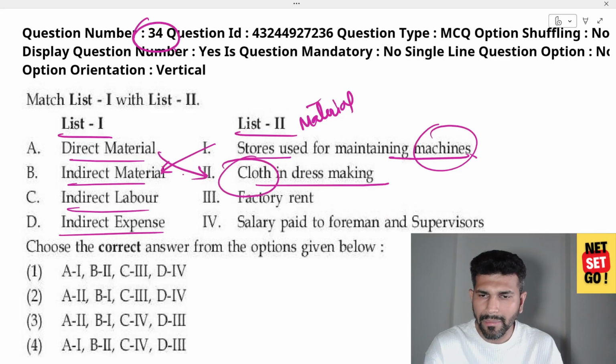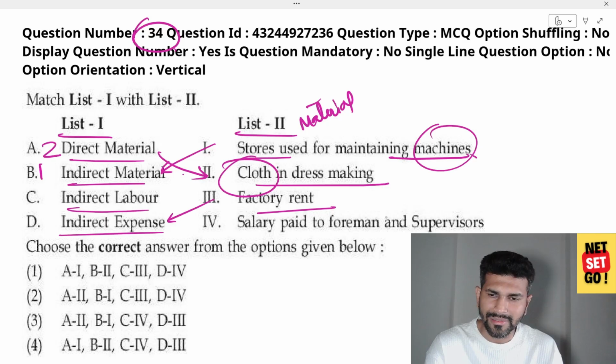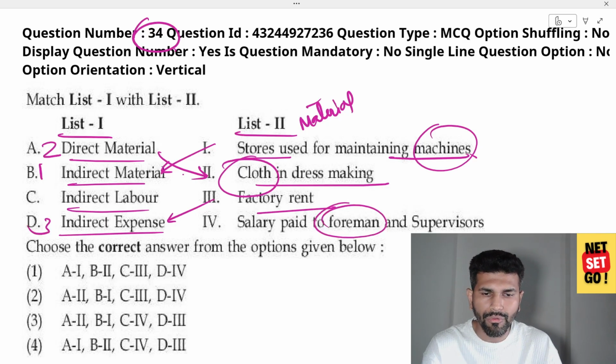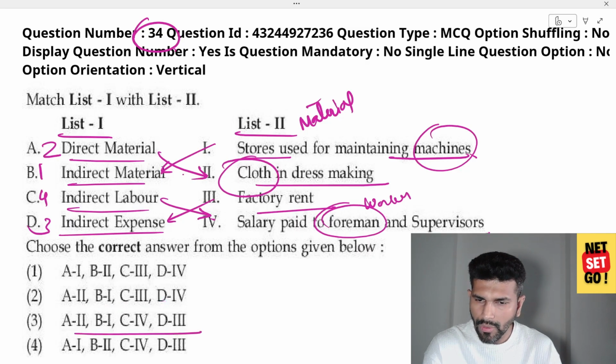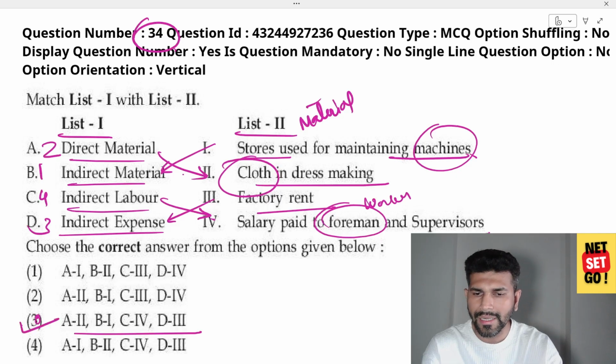So it is direct material. 2, 1. Factory rent is indirect expense. 3. And salary paid to the foreman, meaning worker and supervisor, is indirect labor. So 2143. Option 3 is the correct answer.